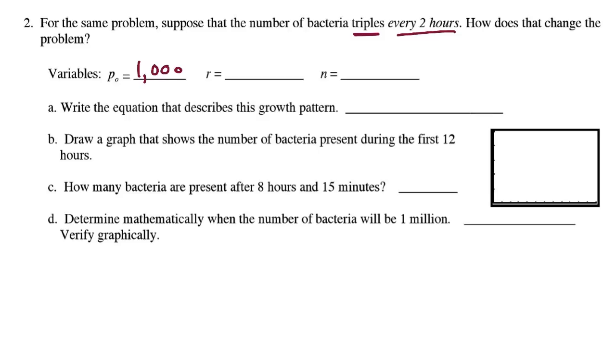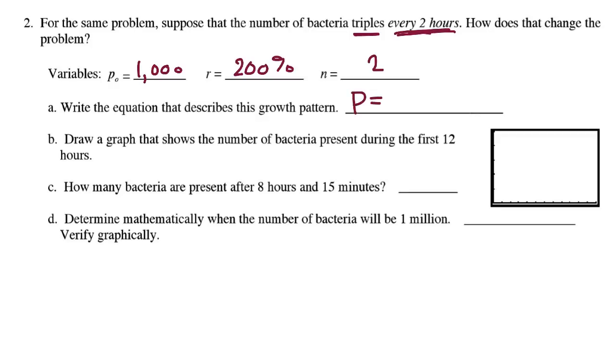Now the rate, we are tripling, so it's going to be at 200%. And then the number of time periods, every 2 hours, so again that n is going to be 2.